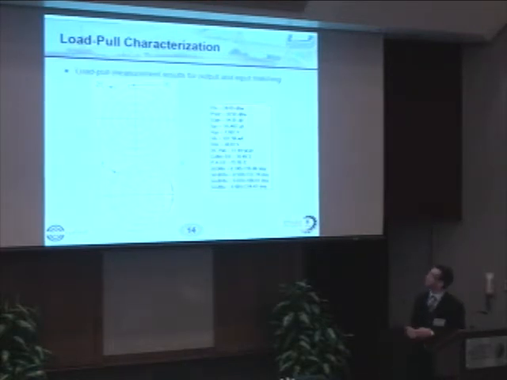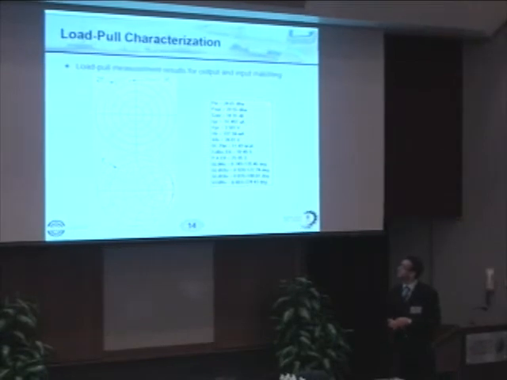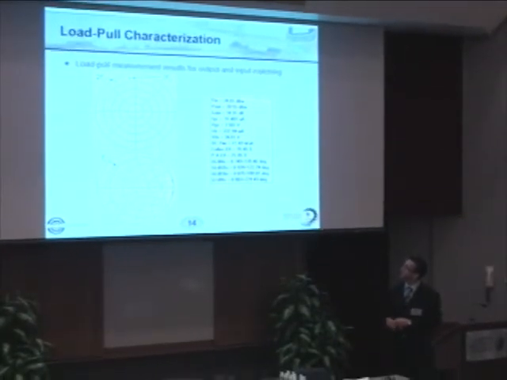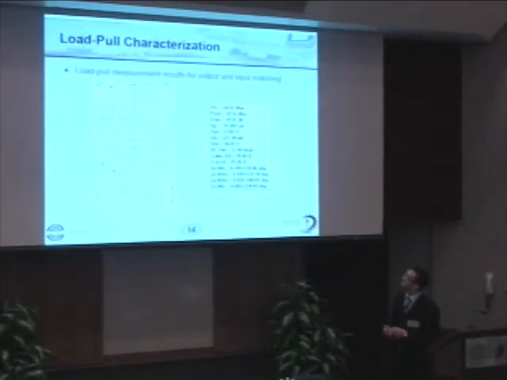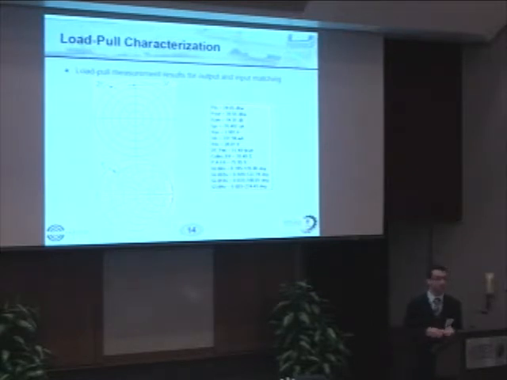Here are typical results for load pool measurement. On the top figure, we see the second harmonic and third harmonic. We see the high impedance. Here it's not a perfect open and short, and this is to compensate for the parasitic effects that are present in the device.